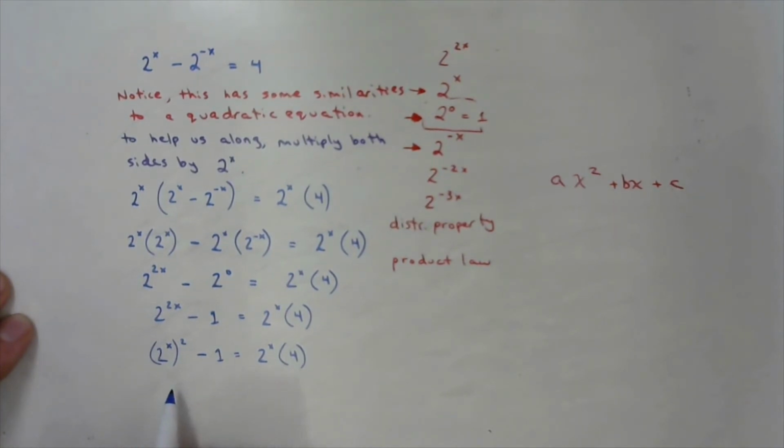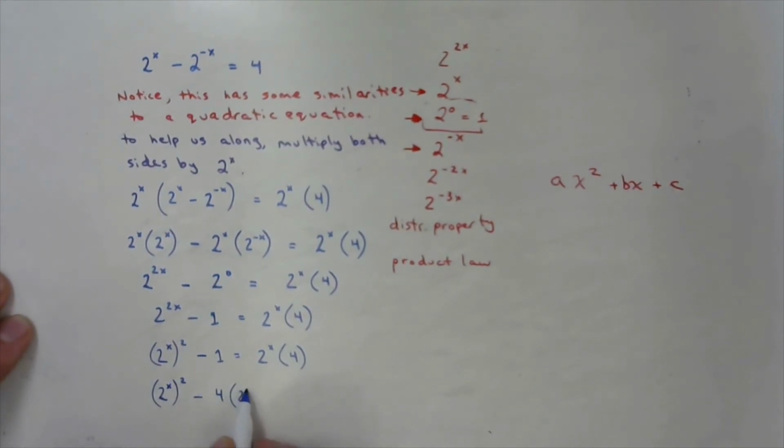We'll write it in standard form, a quadratic set equal to 0, where the variable is 2 to the power of x. So what do we have? We have 2 to the power of x squared minus 4 times, maybe I won't bracket the 4 anymore, 2 to the power of x minus 1 equals 0.